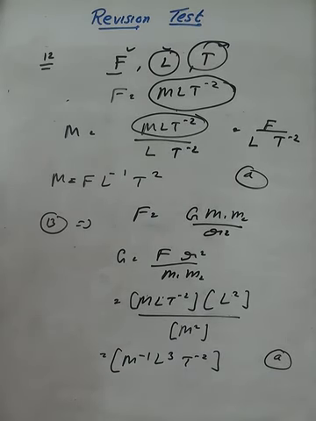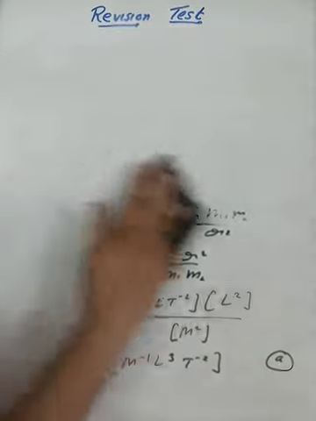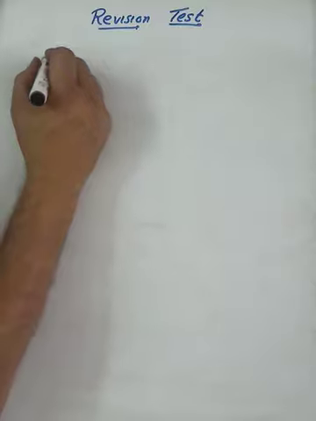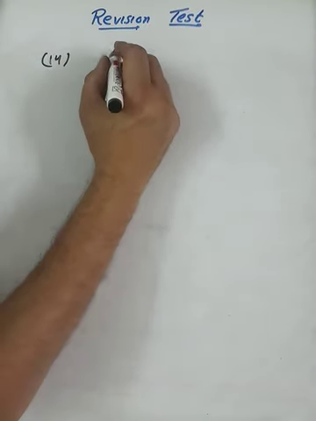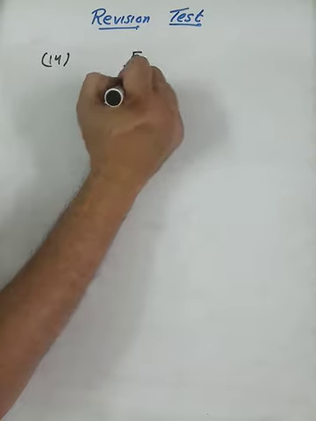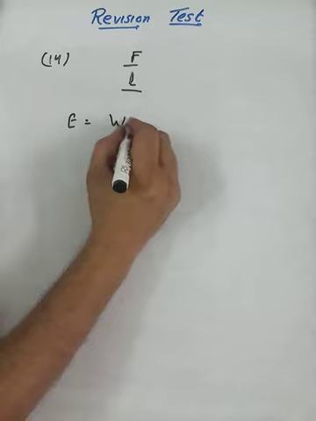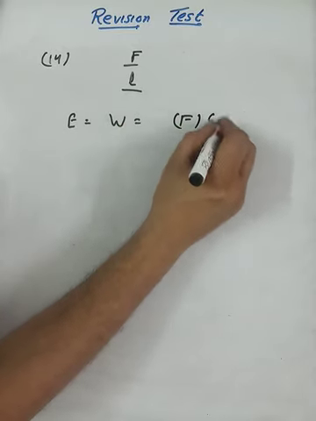Now come to question number 14. If the unit of force and length are doubled, we have F and length. The unit of energy is the same as that of work done, which is force into length.